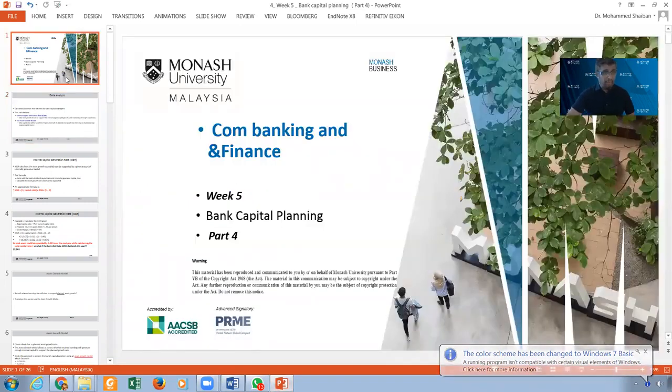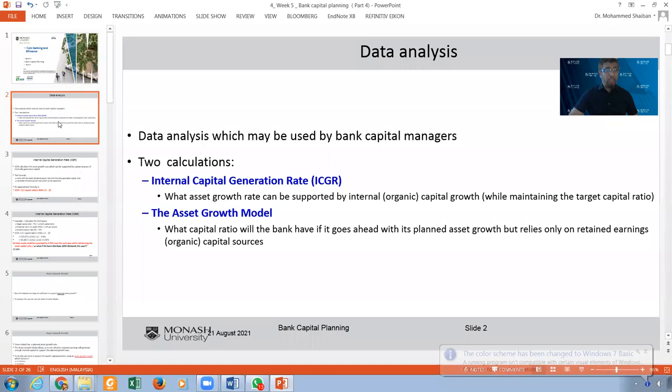This is part 4, and we are now talking about data analysis which may be used by bank managers. We have 2 calculations, as I told you, based on the target capital and on the dividends payments. We have something called the internal capital generation rate, usually called ICGR, and this one is very passive.